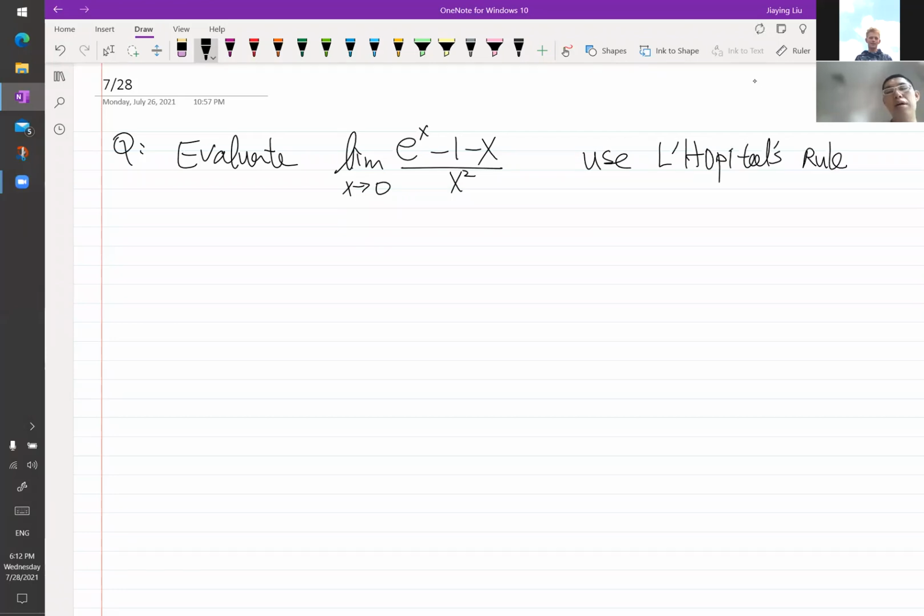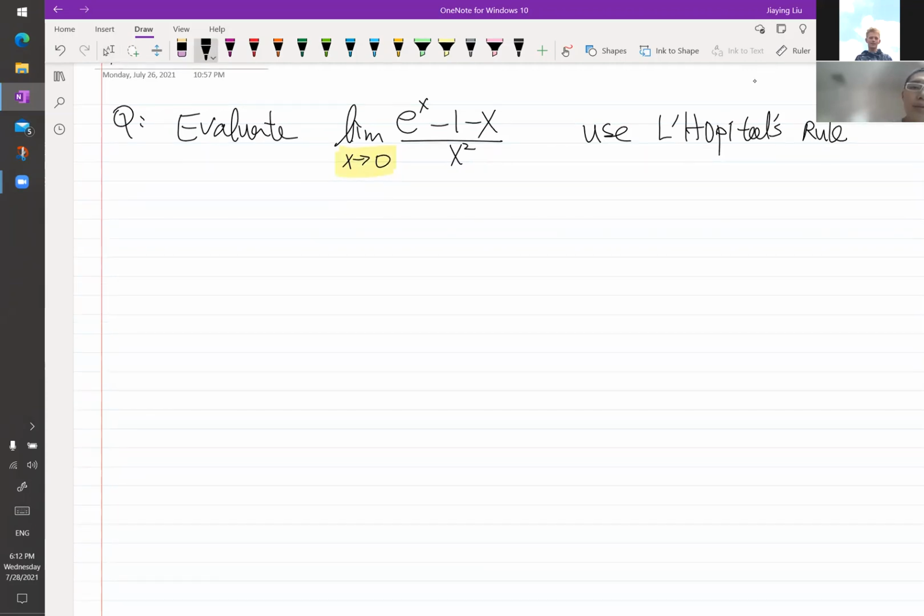But since we talk about power series, we can actually try to use power series here. And here, the limit x goes to 0 is sort of the key to determine which power series we use. Because x goes to 0, if we use Taylor series, that will be what we call Maclaurin series.